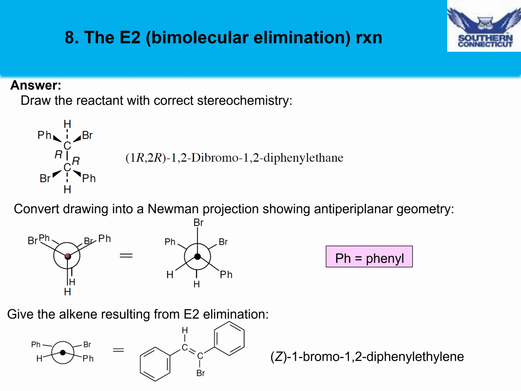In the front carbon, this one here, we would have a bromine to the top left and a phenyl group to the top right as we're looking at it this way. This bond here would be down. In the back carbon, which would be this one here, we would have a phenyl group to the top left. That's why this is going this way and is wedged.